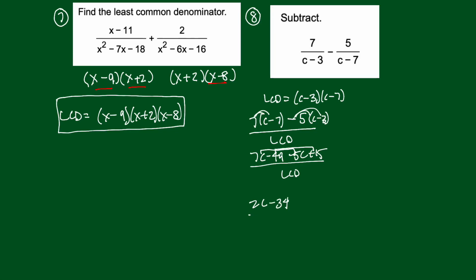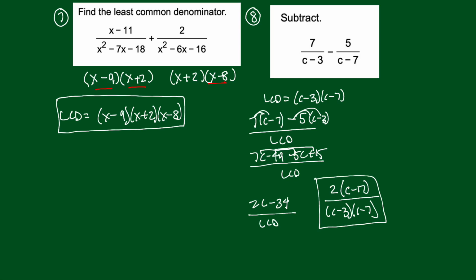Now, okay, I'm just going to write the LCD because I can still factor a little bit, right? 2c minus 34, I can take a 2 out of. So I'm going to rewrite this as 2 times c minus 17 over the LCD. Now, I'm done, so I'm going to write the LCD. C minus 3, C minus 7.